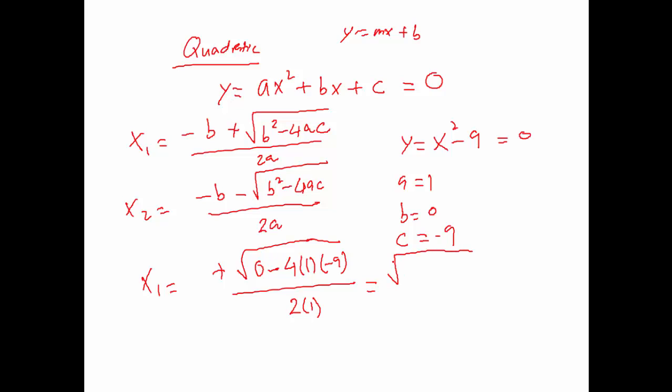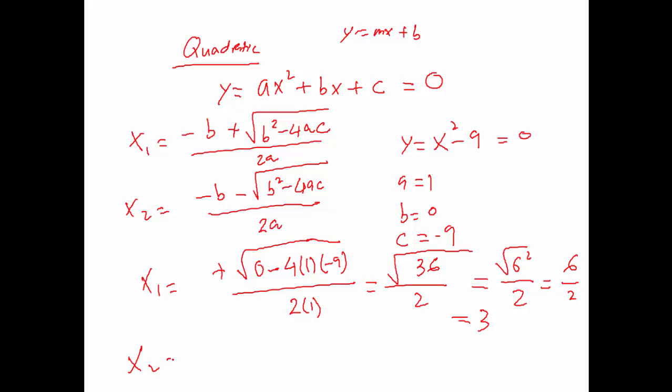We have only this remaining here: -4 times 1 times -9. Minus times minus gives you plus. 9 times 4 is 36. And then 2 times 1 is 2. The square root of 36 is 6, right? Because 6 times 6 is 36, so 6 squared gives you 36. So this is 6 over 2, or 3.